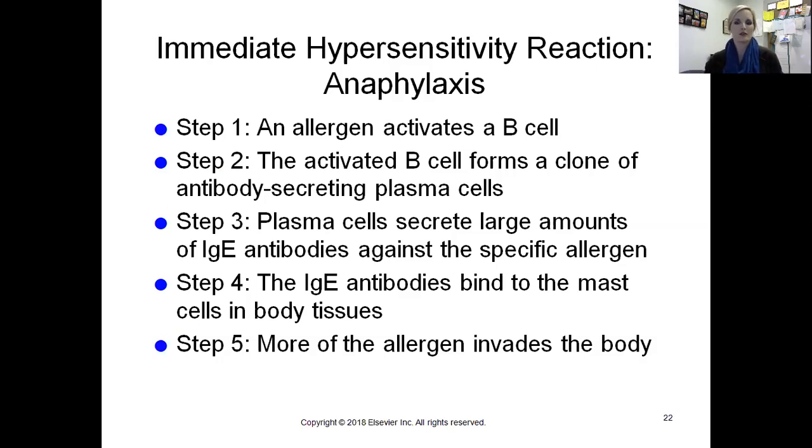The activated B cell forms a clone of the antibody secreting plasma cell. The plasma cell secretes large amounts. Remember, immunoglobulin E is the last immunoglobulin that we discussed on that antibodies page that is more involved in this process. IgE will then bind to the mast cells in body tissues, and therefore more allergen invades the body.